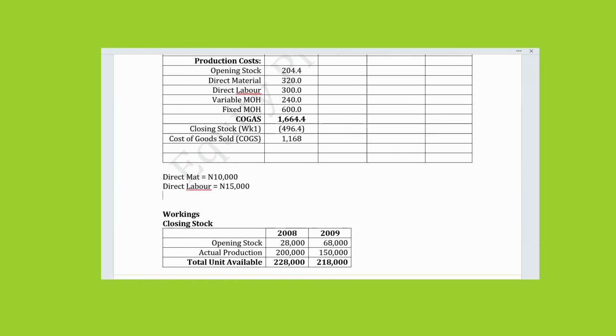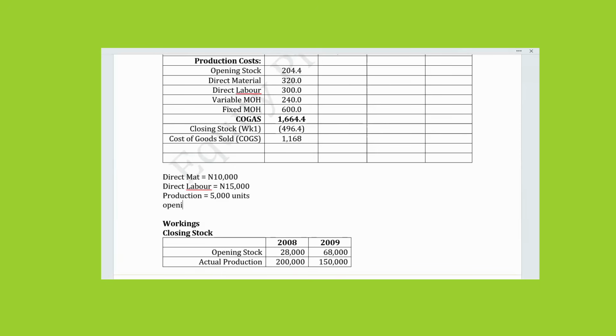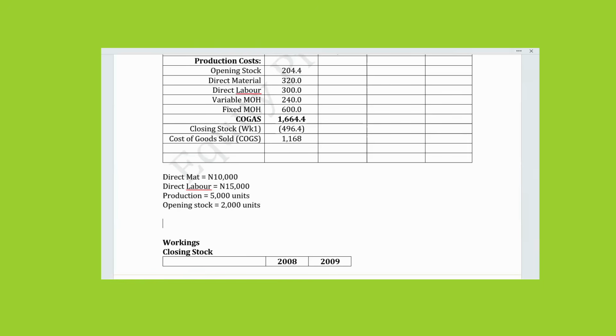Then you're also given units produced, or production; your examiner can call it units produced or output. Let's say units produced is, for simplicity, 5,000 units, and you're also given opening stock of 2,000 units. So Amara, these are the hypothetical figures that we can use to demonstrate this.